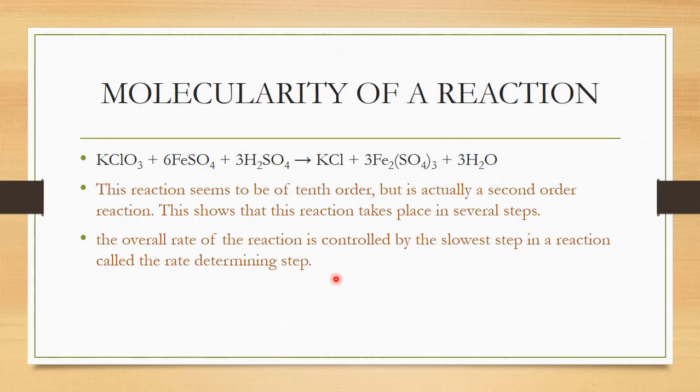Now understand this point by taking the example of a cycle factory. In a cycle factory, one cycle is not manufactured by one machine. There are a number of machines, a number of units. One is manufacturing, say, the frame of the cycle. One is manufacturing tires of the cycle.